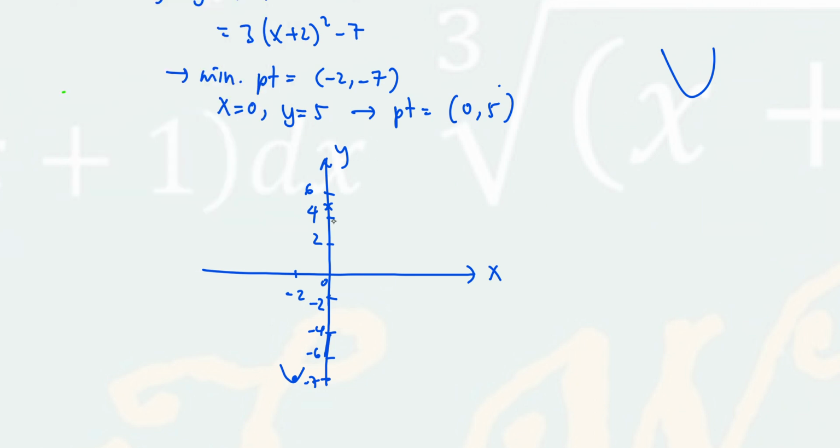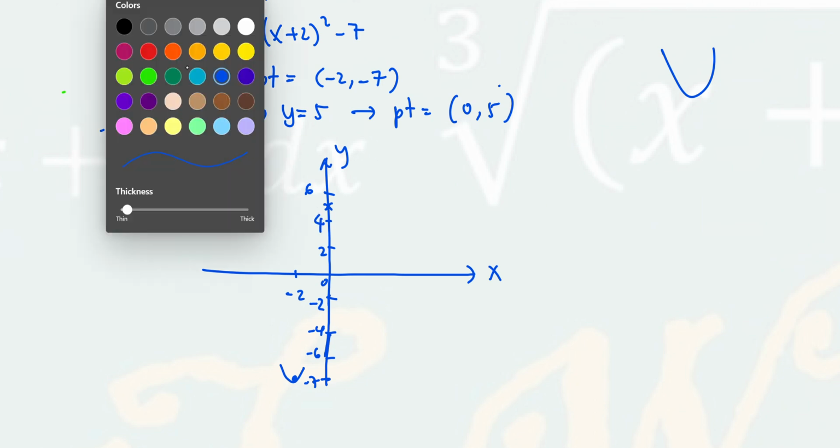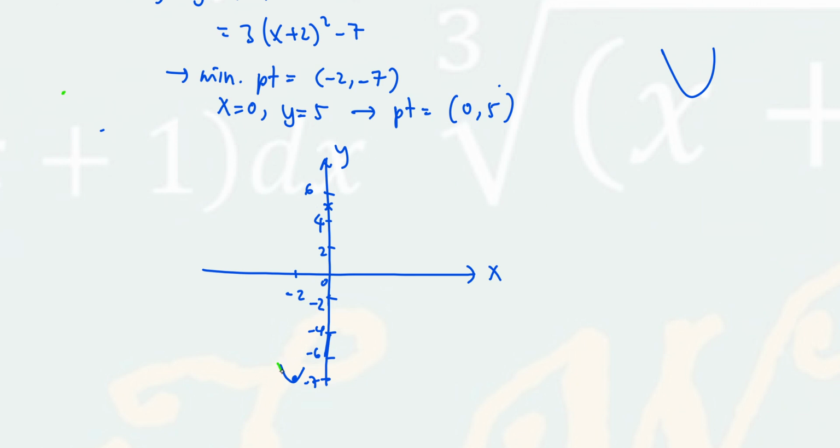So which means now my graph is going to be... Okay, this will be my graph.